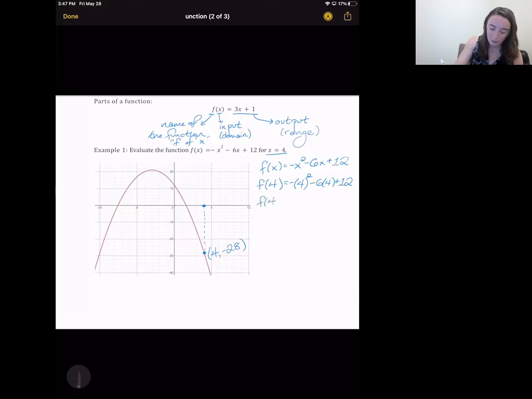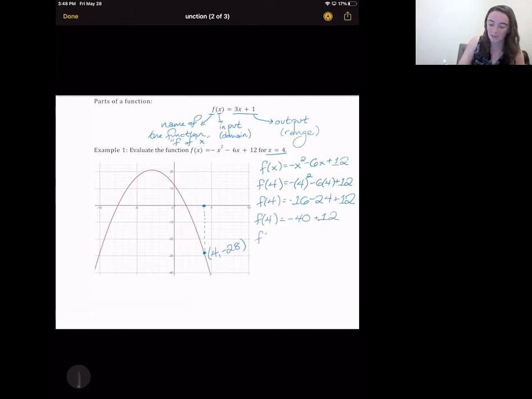So f of 4 must be equal to negative 4 squared, which is 16. Negative 6 times 4 is negative 24 plus 12. I know that negative 16 minus 24 is negative 40 plus 12.